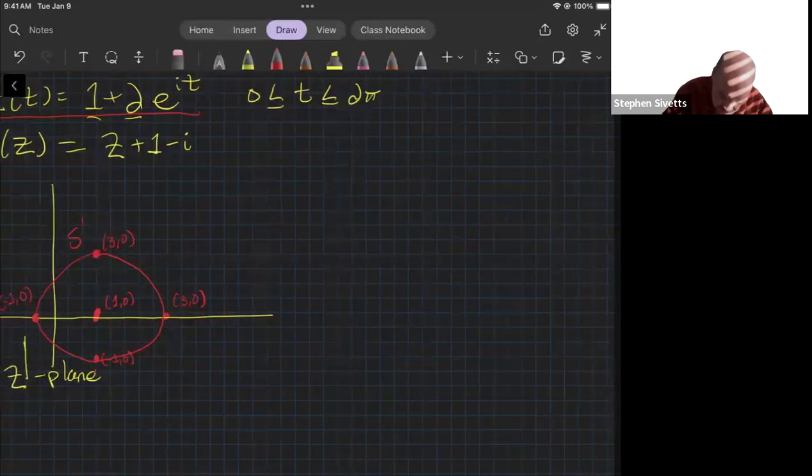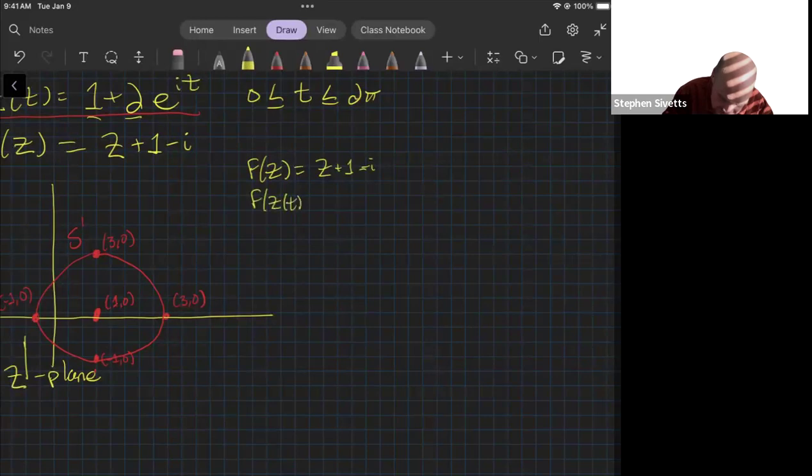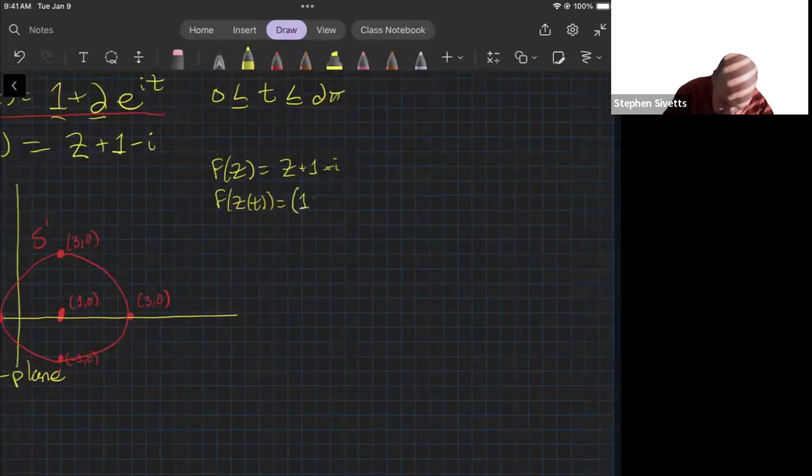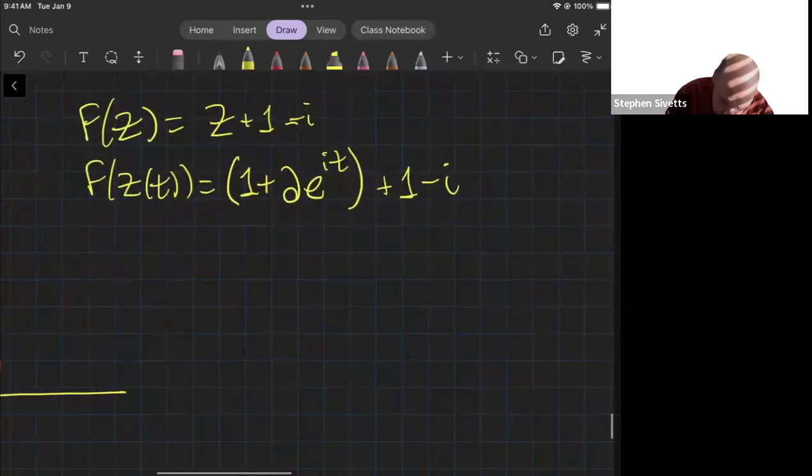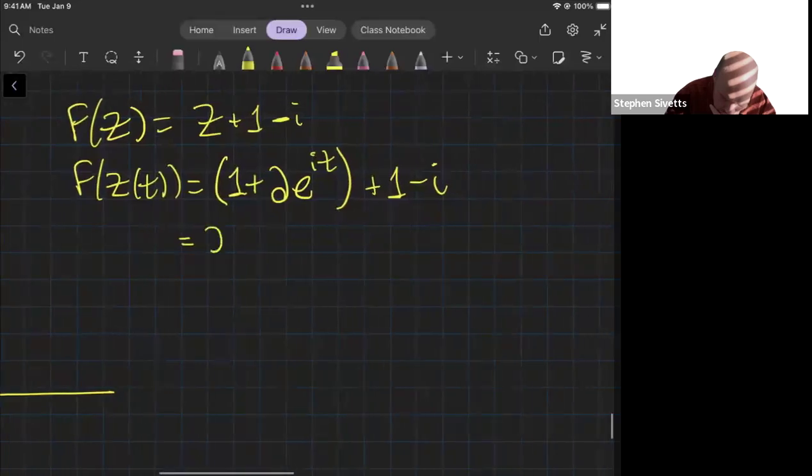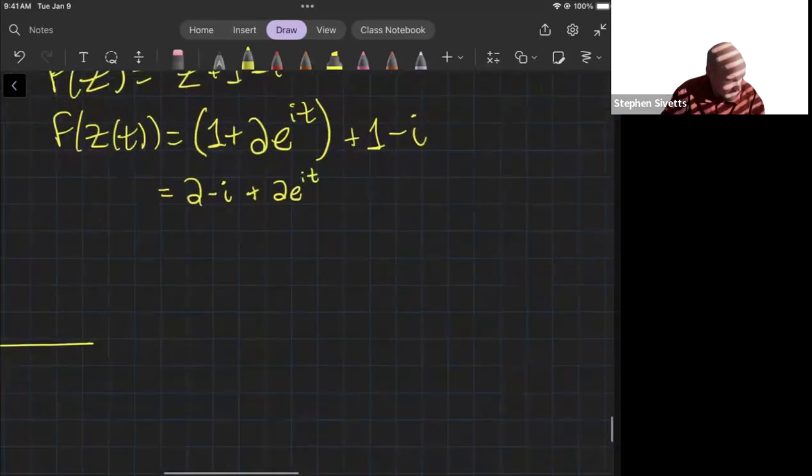If we notice f of z is z plus 1 minus I, then f of z of t would equal 1 plus 2e to the it plus 1 minus I. And so this would equal 2 minus I plus 2 times e to the it.